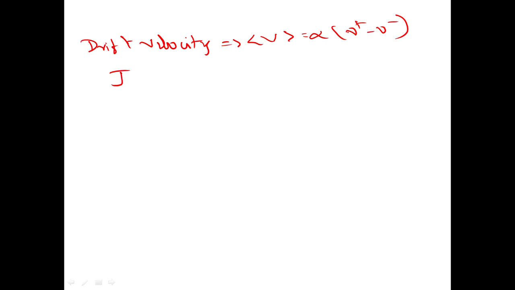If gamma plus and gamma minus are not zero, then the total flux is a summation of two contributions, nothing but the Fickian term and the drift term.